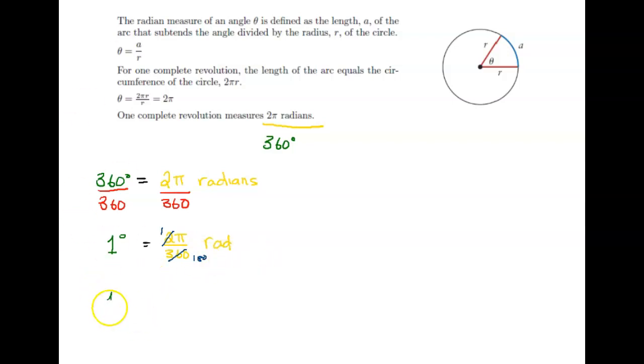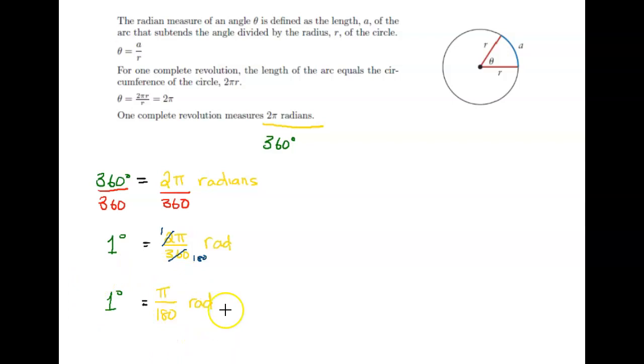I've got 1 degree equals, what do we have left? Pi over 180 radians. So now that is my unit rate. I know for every 1 degree, it equals pi over 180 radians.